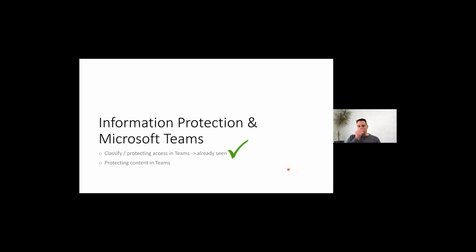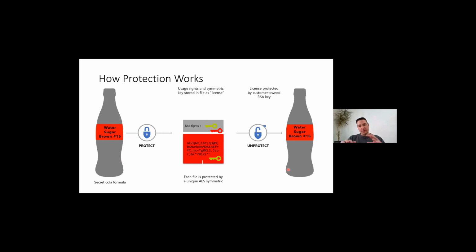Okay, let's come back to the capabilities of information protection in the context of Microsoft Teams. We already saw the details about classifying and protecting access to Microsoft Teams, but we also have the chance to protect content that is stored in Microsoft Teams, so the documents. And again, here's a little overview about what information protection can do for us.